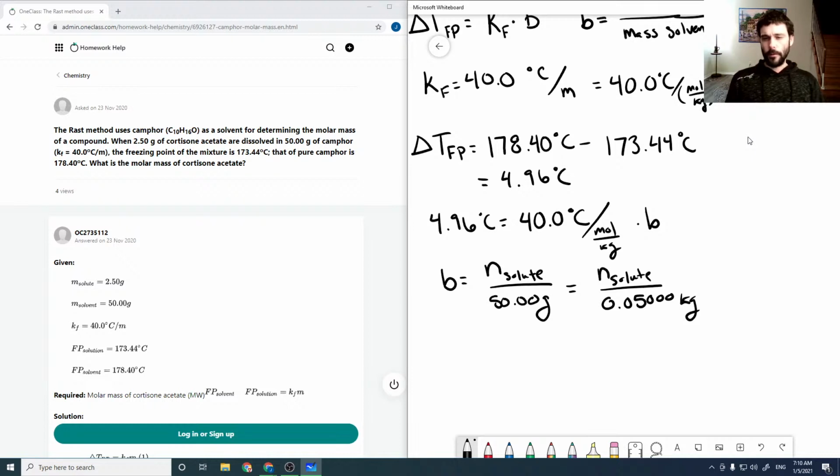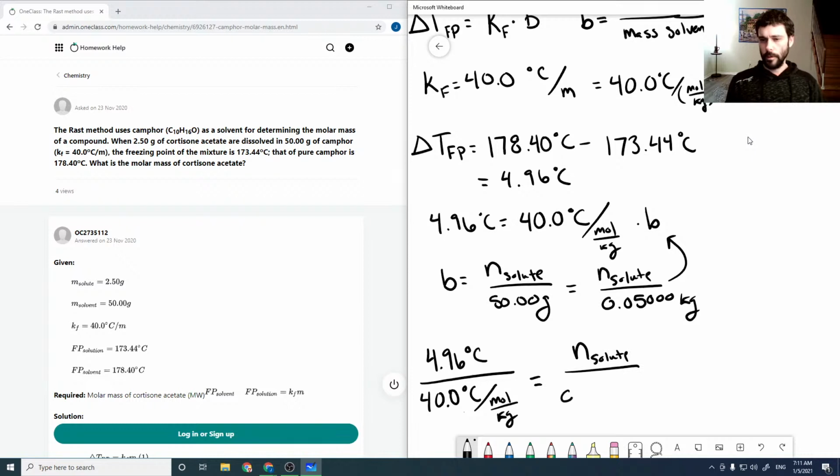So putting this in for our b up here in the freezing point equation, we would get 4.96 degrees Celsius, and just doing some rearrangement, molality in moles per kilogram is equal to our n solute over our mass of solvent.